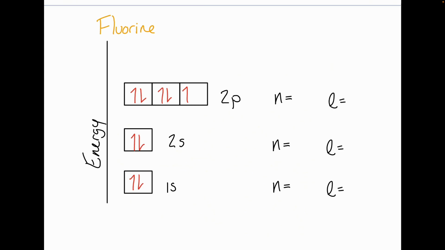All right, so remember our principal quantum number n denotes the relative size of these orbitals, that number that's listed out front there. So for a 1s orbital, that principal quantum number is 1. For a 2s orbital, it is 2. And for a 2p orbital, it is 2. The angular momentum quantum number, the L, corresponds to the shape of that orbital.